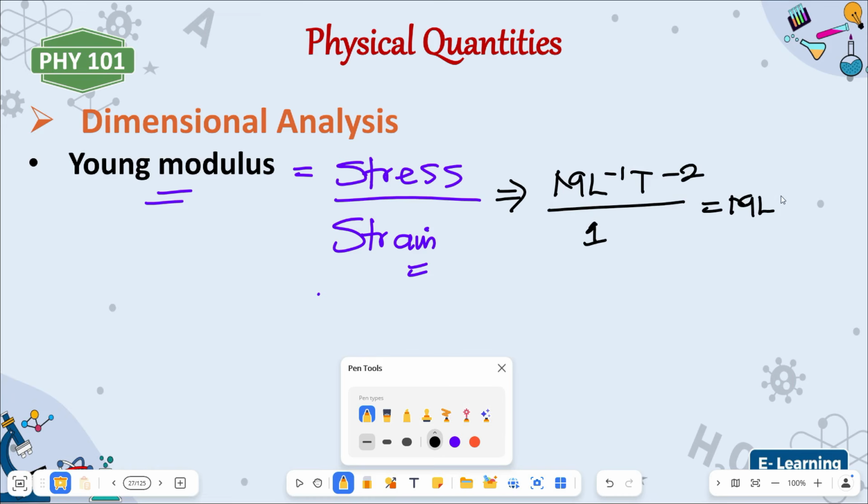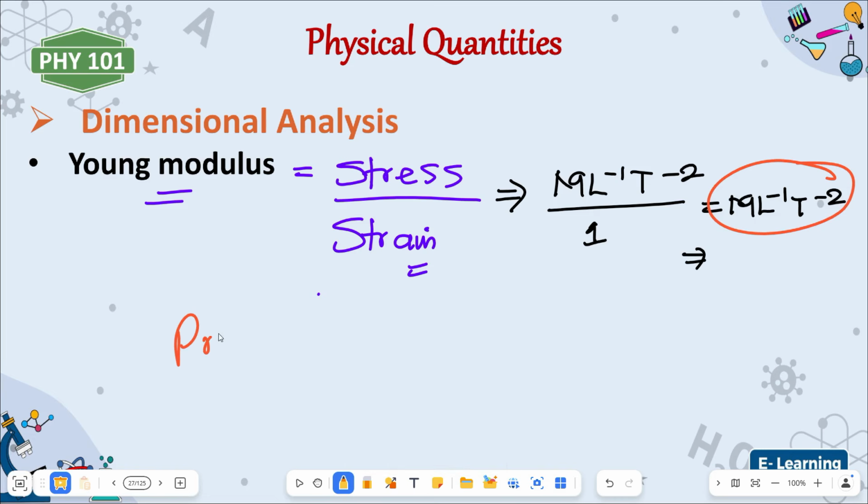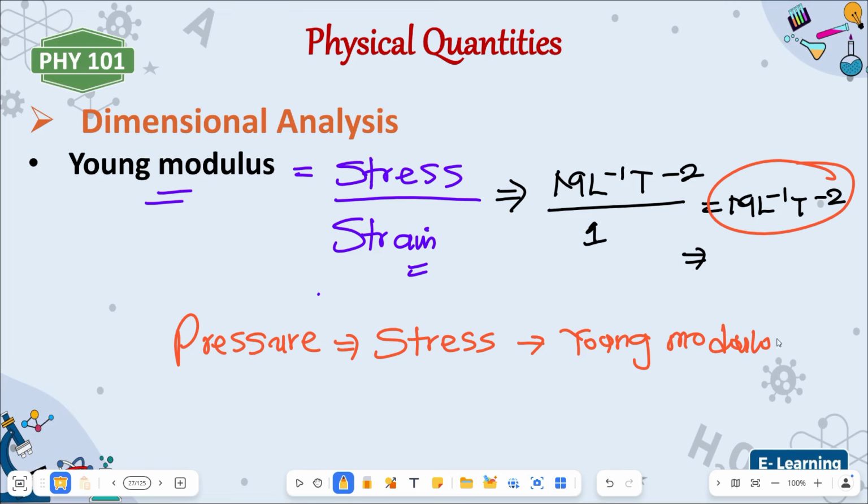So at the end of the day, you have ML minus 1, T minus 2. Alright, my dear students. So this will give us Young modulus having the same dimension as pressure. So pressure has the same dimension as stress, which has the same dimension as Young modulus. Alright, so take note of that.